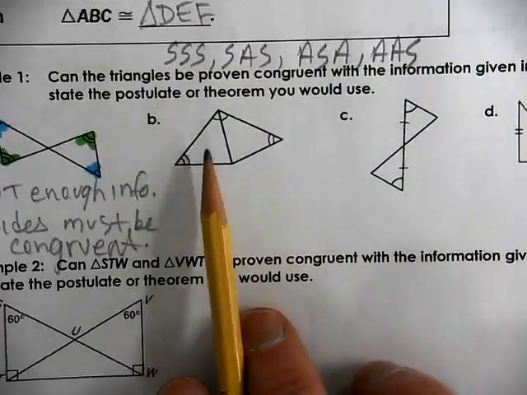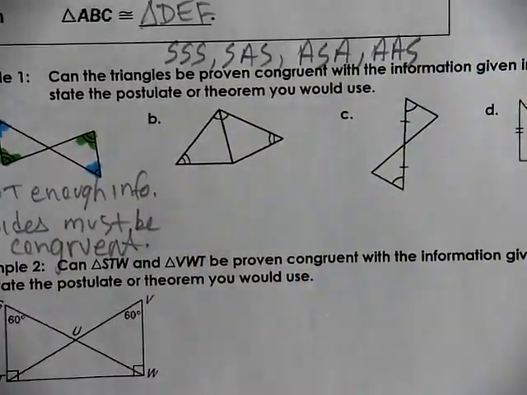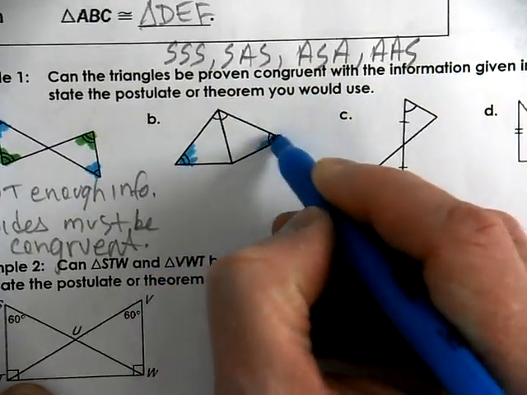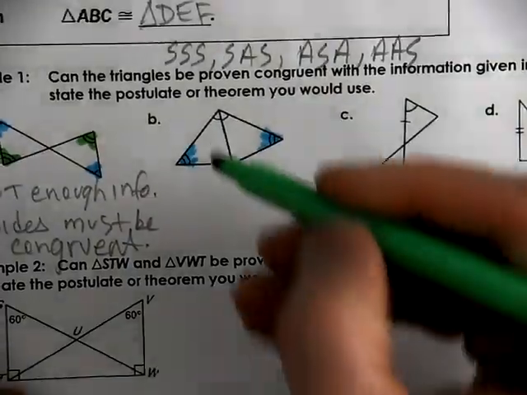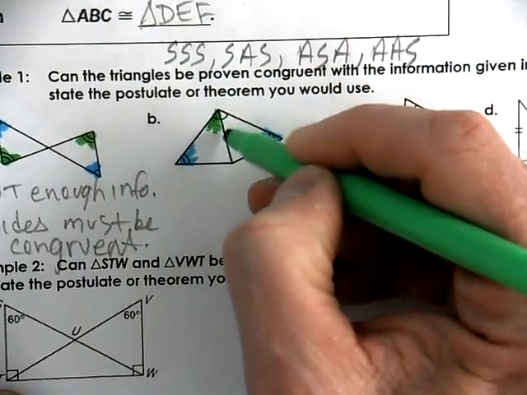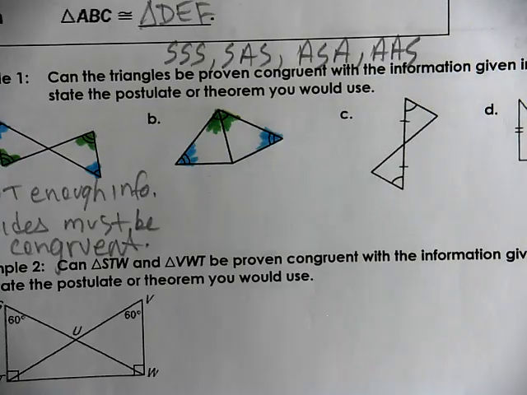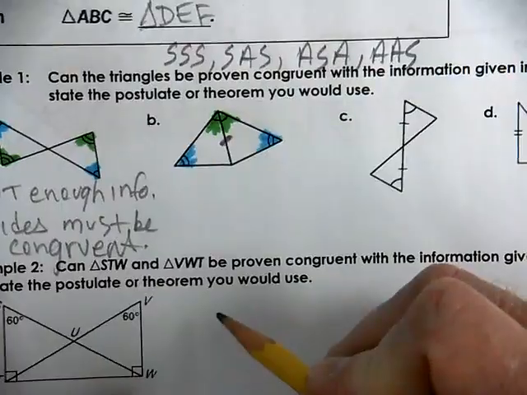Okay, how about this one? What information do you see? I have a pair of angles the same. I have another pair of angles the same. Do I have anything else definitely the same? The reflexive line. We have the reflexive side the same.